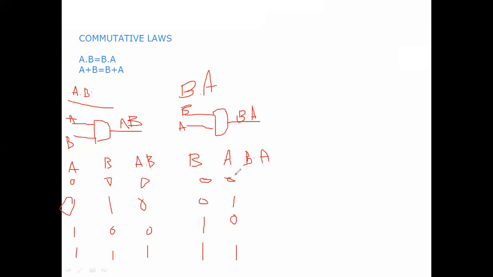What about 0, 0? 0 dot 0 is 0, 0 dot 1 is 0, 1 dot 0 is 0, 1 dot 1 is 1.